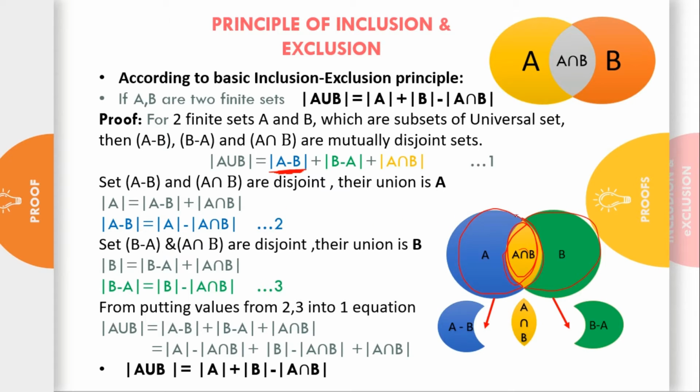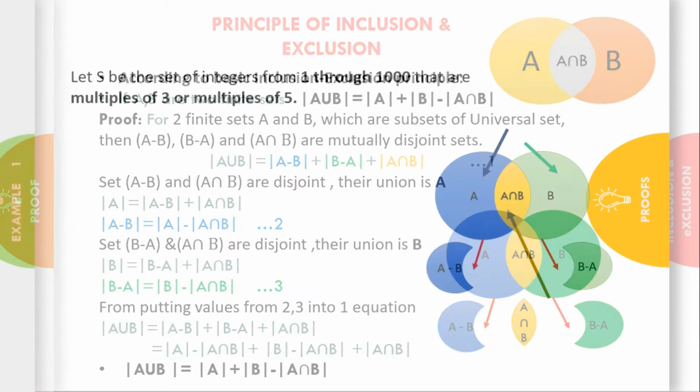Your whole set A consists of two parts, A minus B and A intersection B. This gives A minus B as whole A minus A intersection B. In the same way, B minus A, this green portion, will be whole B minus A intersection B. Putting the second and third equations into the first equation, we replace A minus B and B minus A, and get the formula A union B is equal to A plus B minus A intersection B.